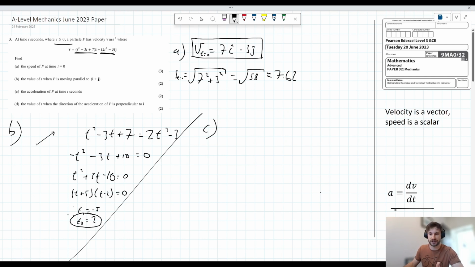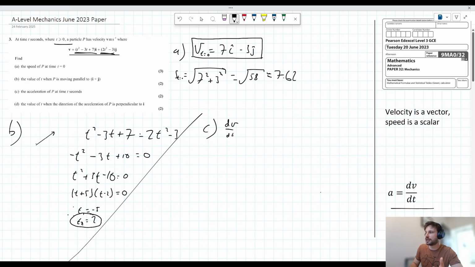And this is what this is describing, that a is equal to the time derivative of velocity. So we have an equation for velocity. If we differentiate it with respect to time, we'll be left with a function of acceleration with respect to time. I trust that you understand this.